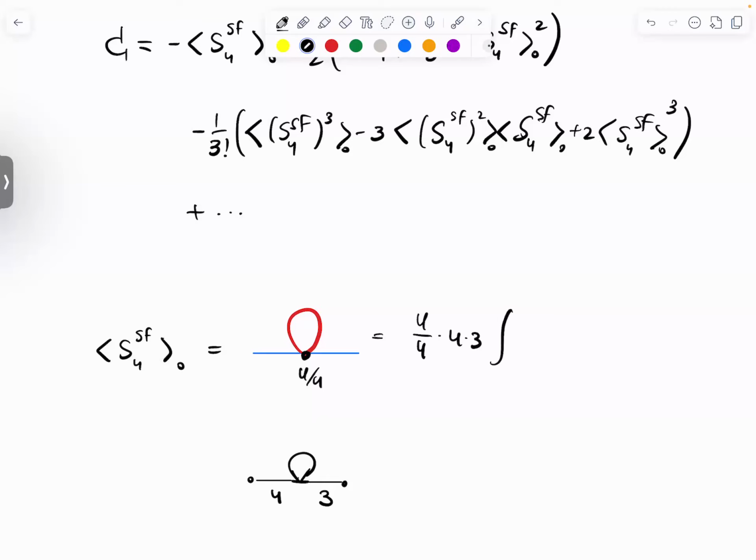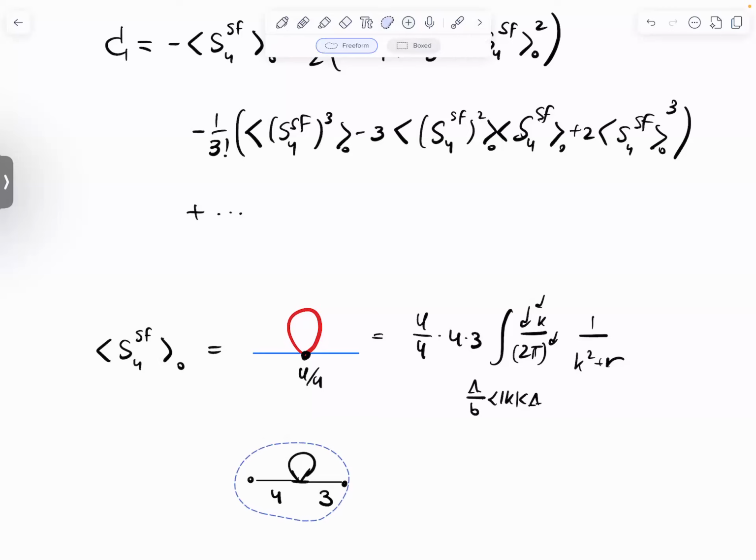And then we have an integral from lambda over b smaller than k smaller than lambda, d k over 2 pi to the d. And then I have 1 over k squared plus r, okay?